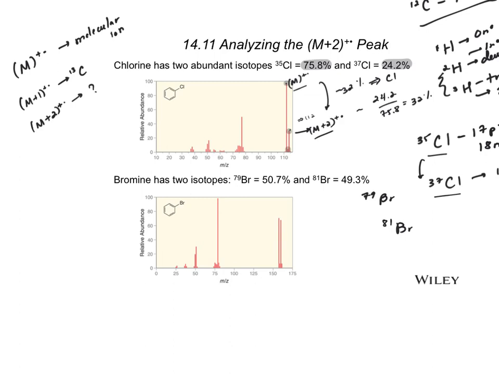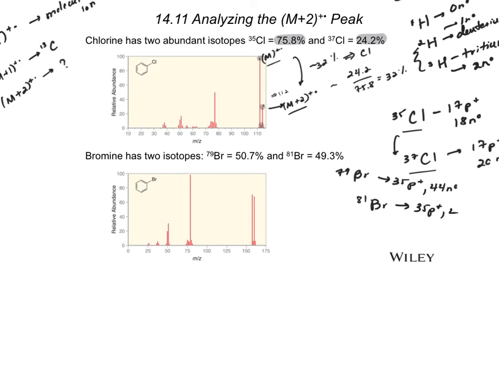I can't remember, bromine has 35 protons. So 79 minus 35 is 44 neutrons for our bromine 79 isotope. Then the bromine 81 isotope has 46 neutrons, right? Again, there's a difference here between the two of 2.